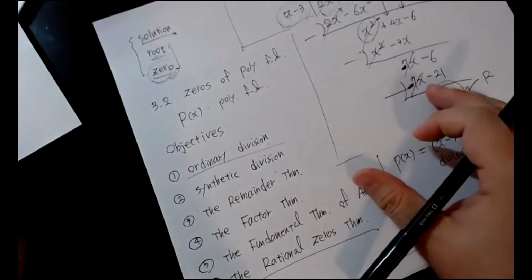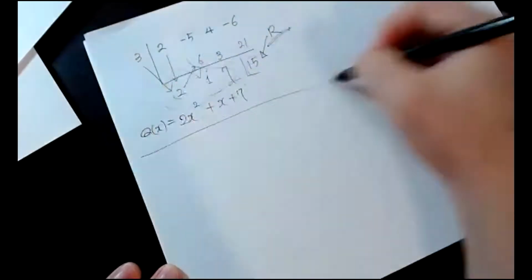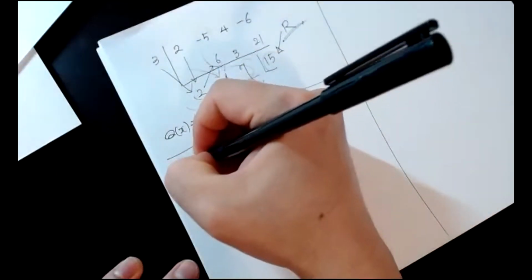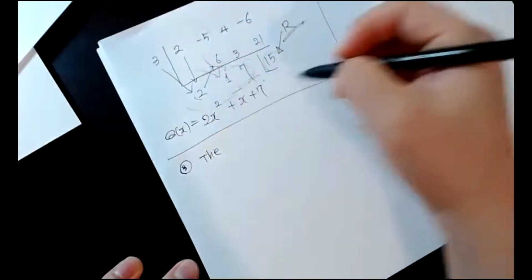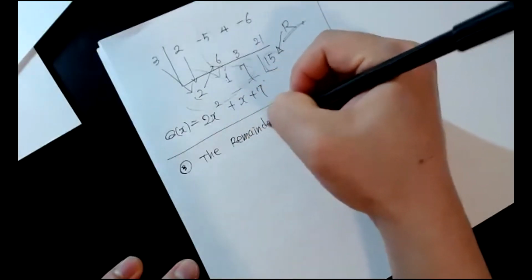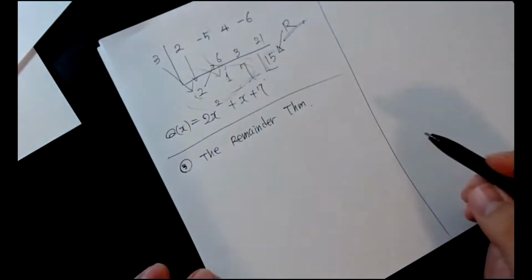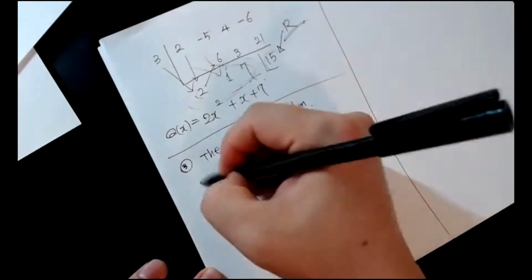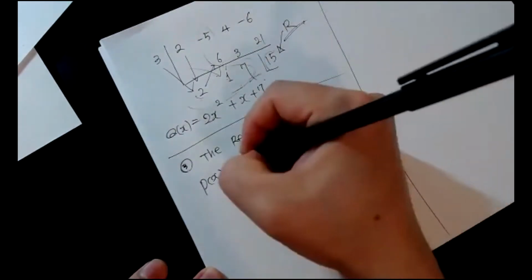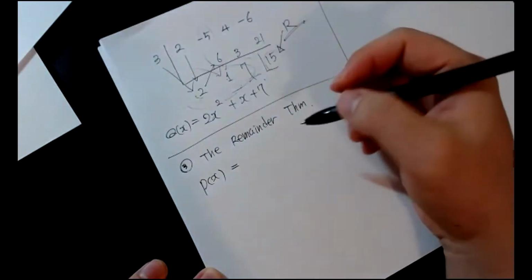Okay, so the remainder theorem is this. We could express p of x in terms of the divisor, quotient, and remainder, right?